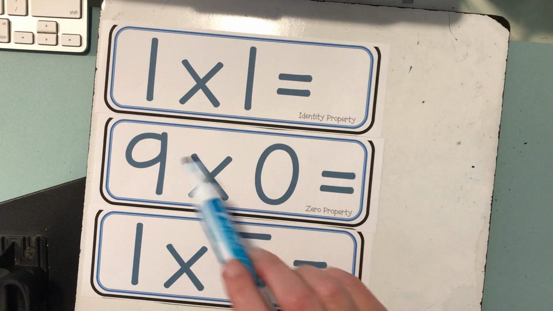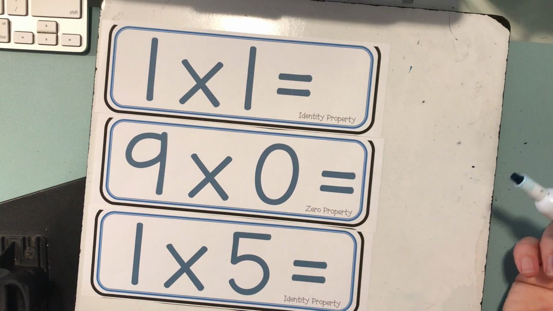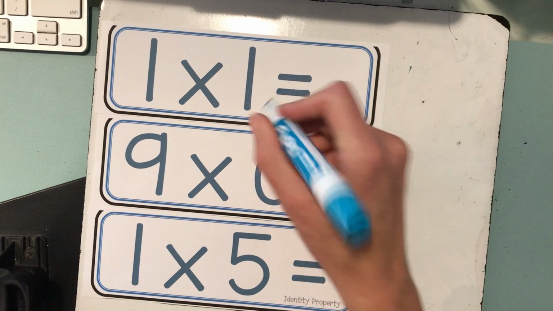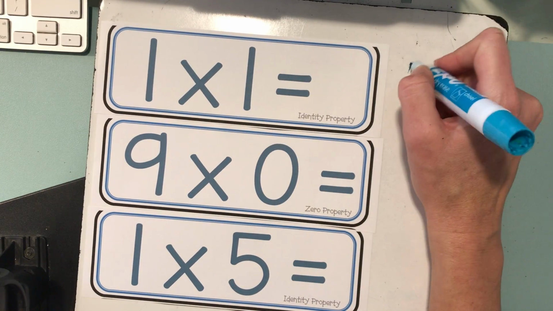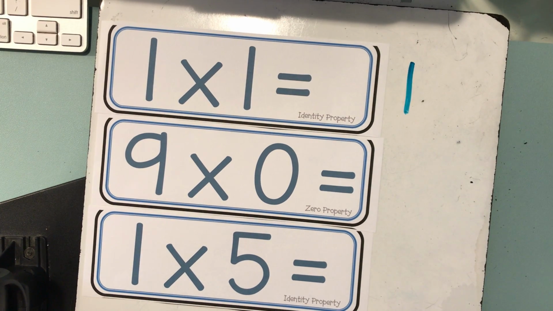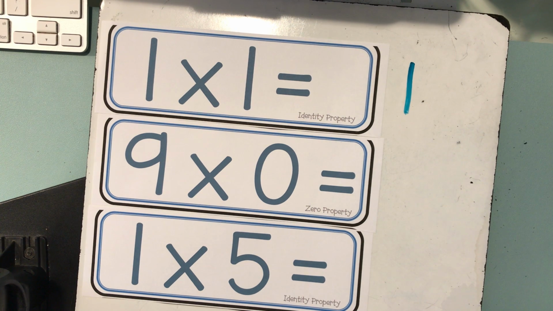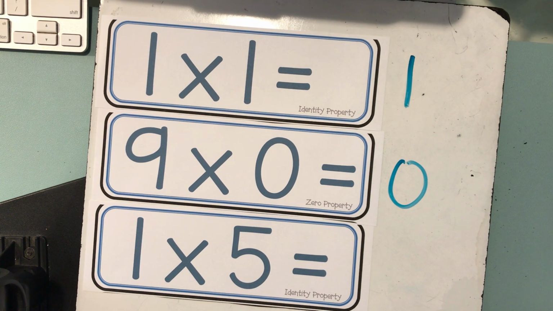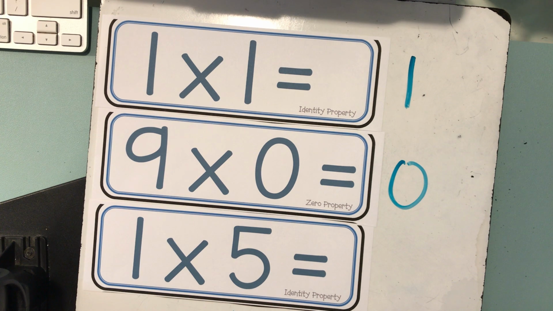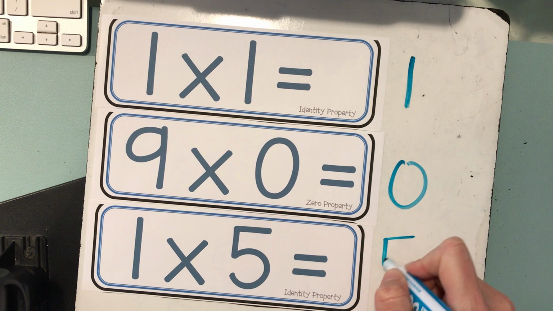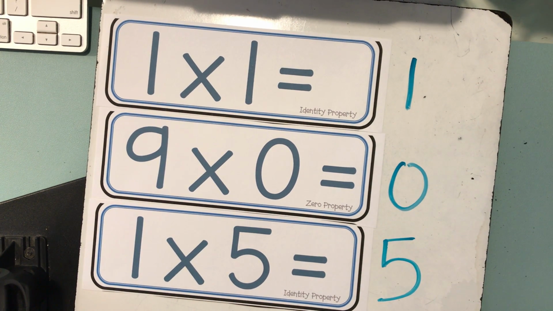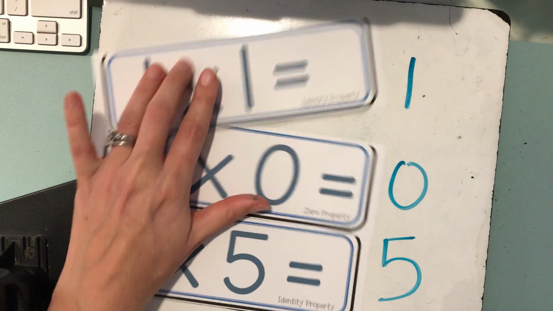All right, the first one, here we go. 1 times 1, what's 1 times 1? It keeps that same identity, right? It doesn't change. It's 1. 9 times 0. Oh, there's that 0 property rule. Anything times 0 equals 0. 1 times 5. Oh, the identity of the 5 doesn't change. It's going to stay the same. So it is 5. Good job, guys.